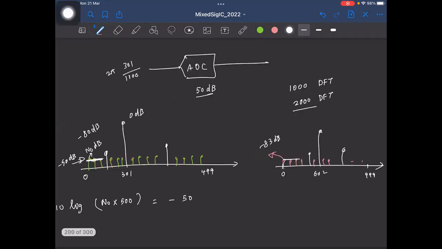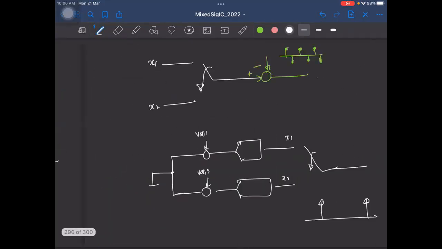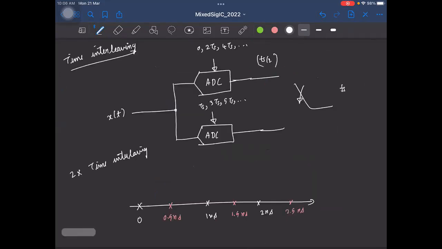So with that, let's get started. Let's quickly brush up what we saw in the last lecture, which hopefully you had seen. In the last lecture, we saw a technique to increase the speed of the ADC, taking the case of a flash ADC.